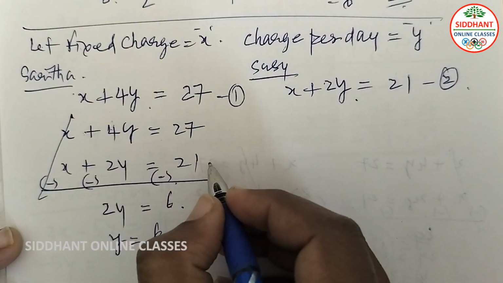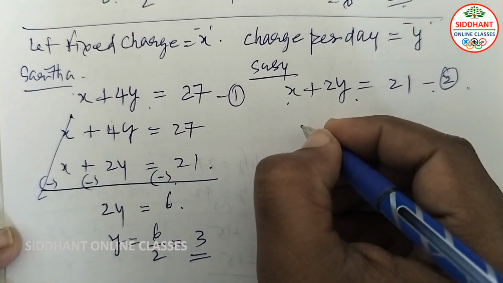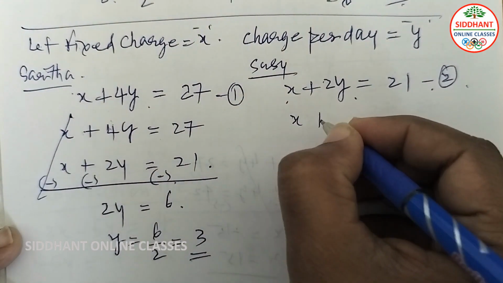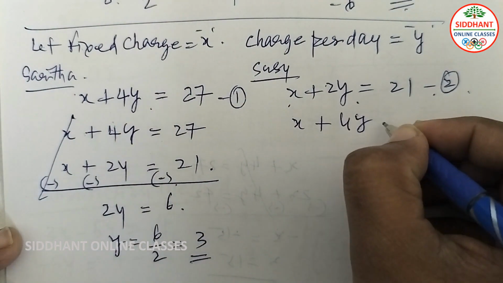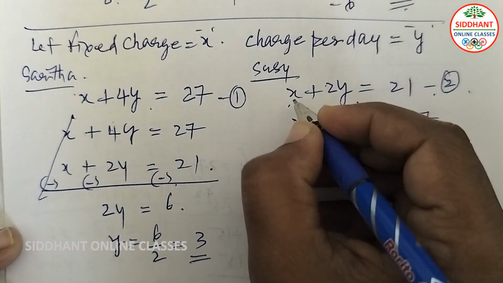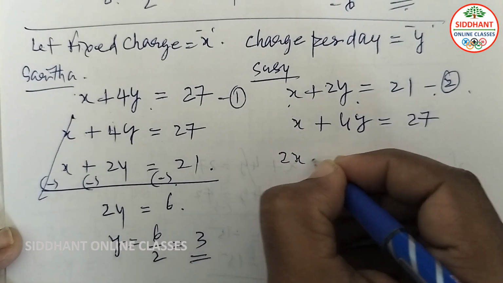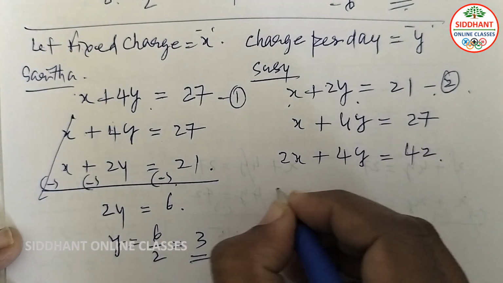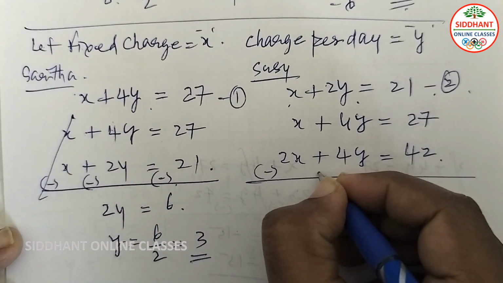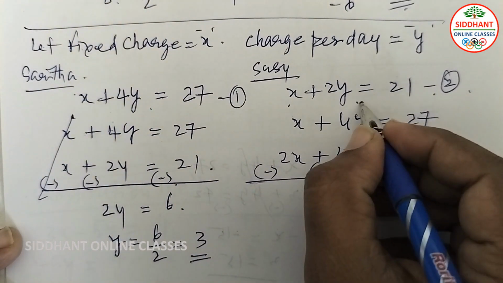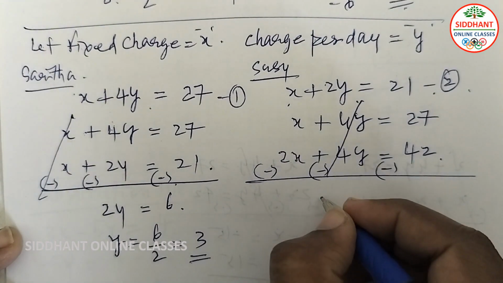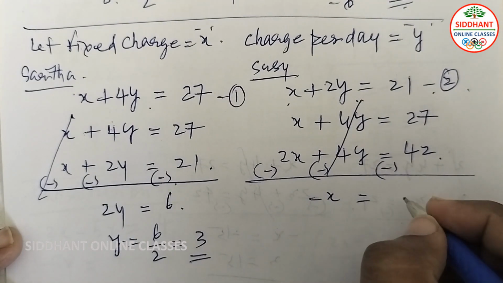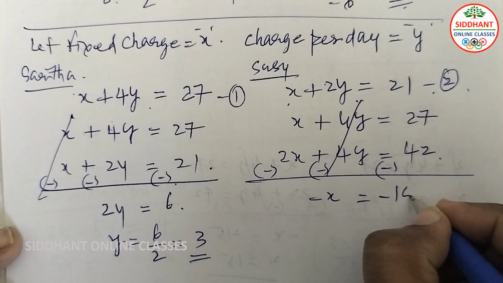Now we are going to multiply the second equation by 2 in order to cancel y, and we get the x value. That means the first one, x plus 4y equals 27, and here 2 times, that means 2x plus 4y equals 42 here. Now changing the signs, y cancels, minus 2x plus x, which will be minus x, equals minus 42 plus 27, which will be minus 15.